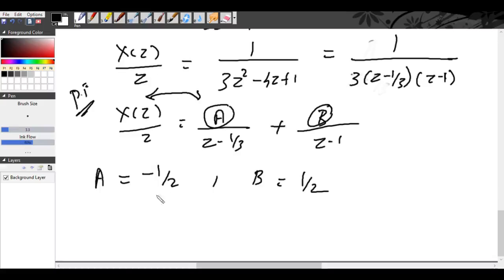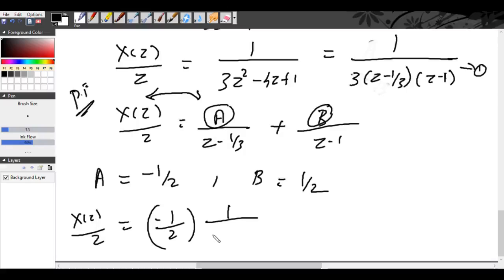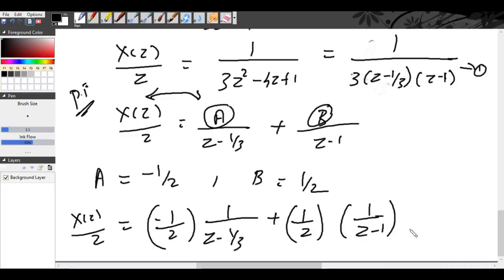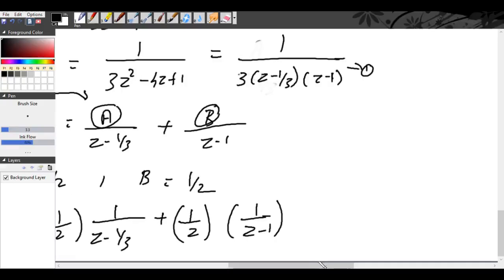So putting this in equation number 1, I will be getting X of z by z is equal to minus half times 1 by z minus 1 by 3 plus 1 by 2 into 1 by z minus 1, yes, right? So let me write it here.